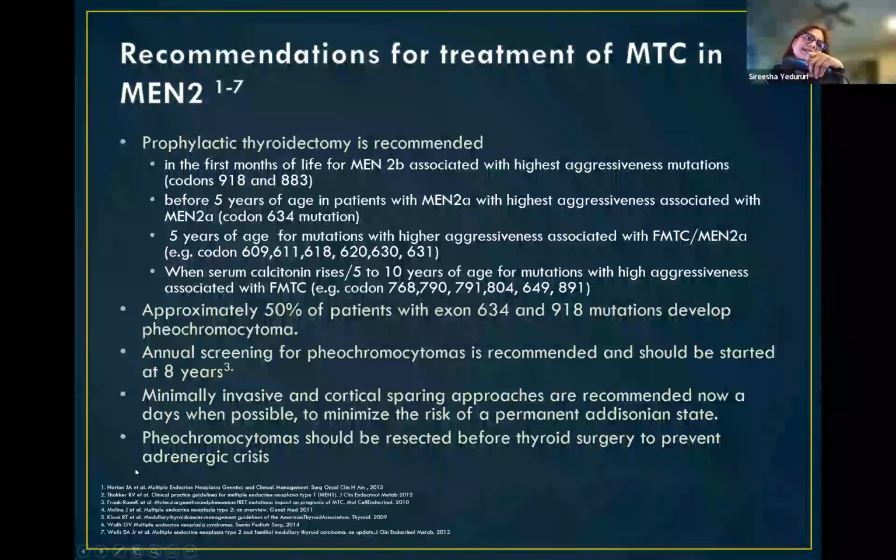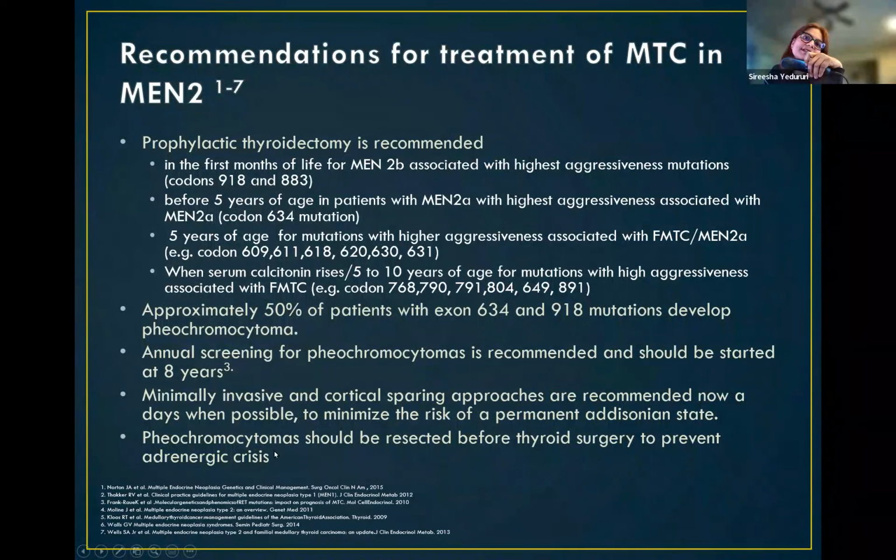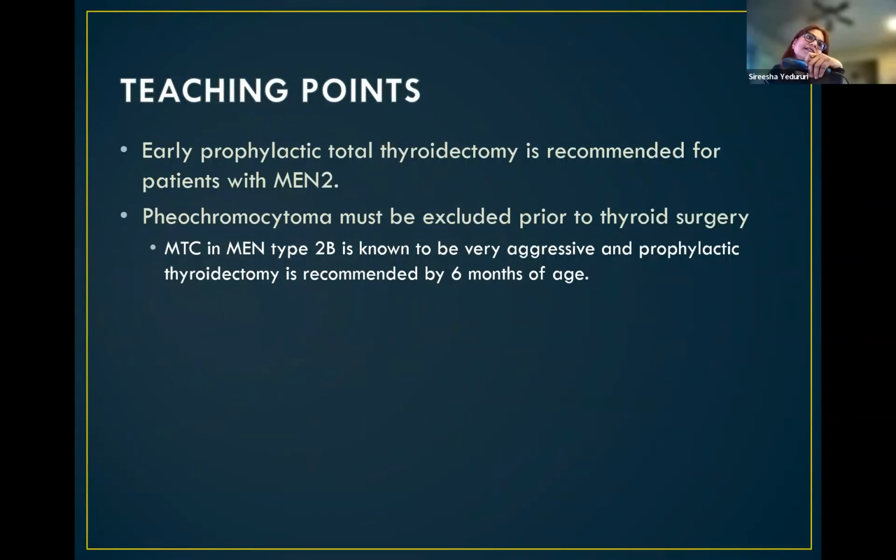And again, as I said earlier, pheochromocytomas should be resected before thyroid surgery to prevent adrenergic crisis. I'm going to say again, the same conclusion: early prophylactic total thyroidectomy is recommended for patients with MEN2, and pheochromocytomas must be excluded prior to thyroid surgery. Medullary thyroid carcinoma in type 2B is very aggressive and prophylactic surgery occurs at 6 months of age.